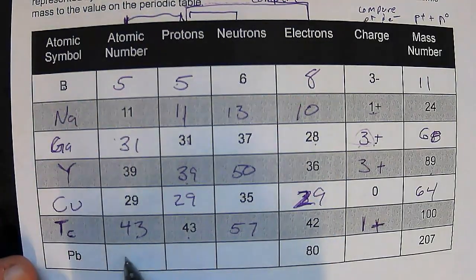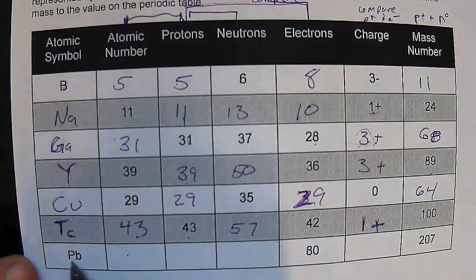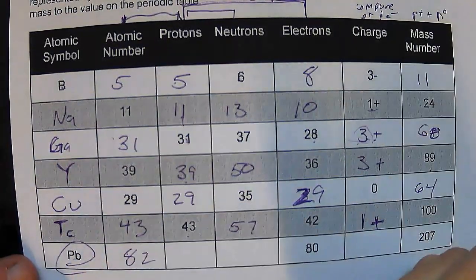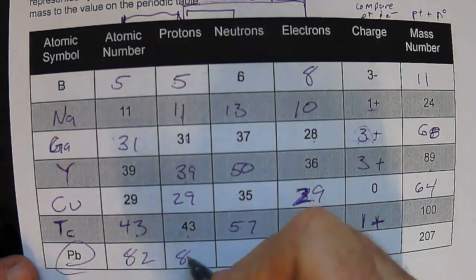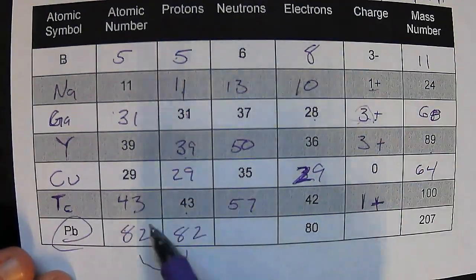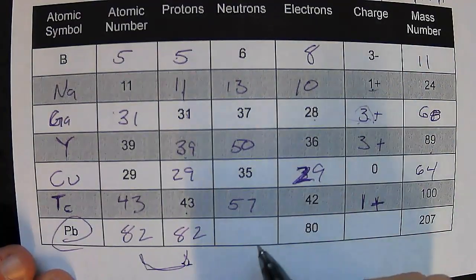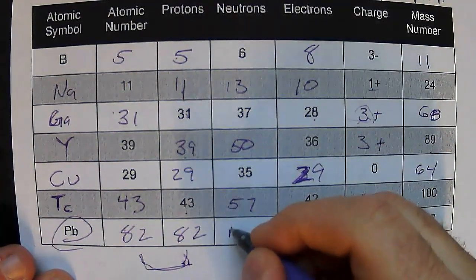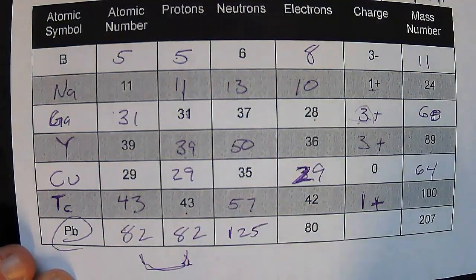Okay. Atomic number. So now we have lead. We look at the periodic table. Lead is atomic number 82. These two columns are the same. And then this plus this gives us 207. So this is going to be 125.